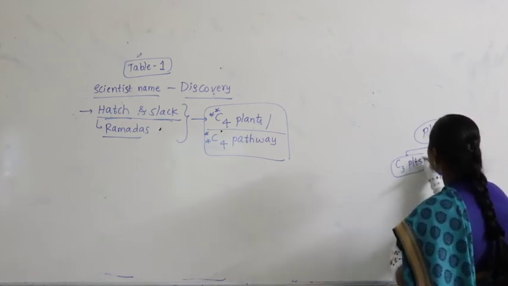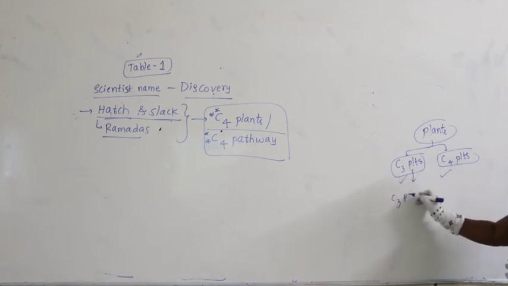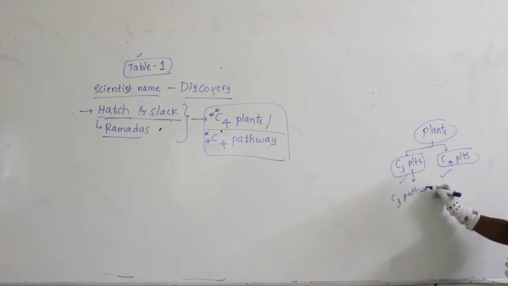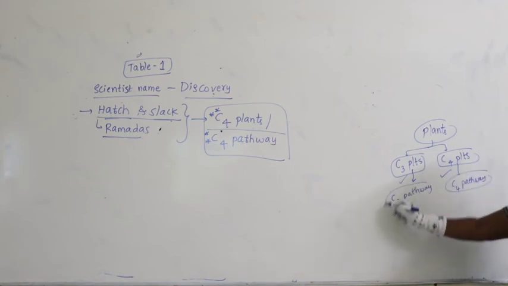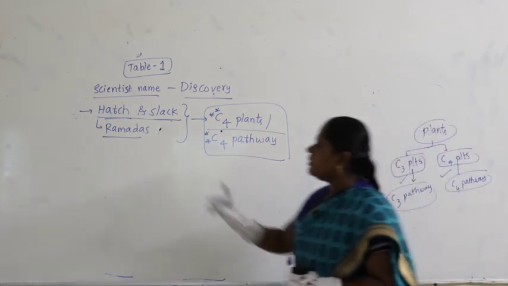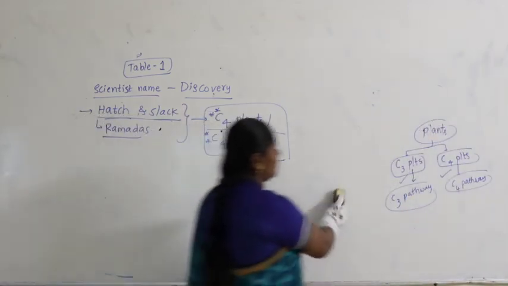Guys, what are these C3 plants? What are C4 plants? We will study later, but try to remember generally that plants are classified into 2 types, C3 plants and C4 plants. A C3 plant shows the pathway called the C3 pathway and a C4 plant shows the C4 pathway. Do not worry, we will discuss thoroughly and very clearly what these pathways are later. Remember, just giving the scientist names, Hatch and Slack are the 2 scientists.